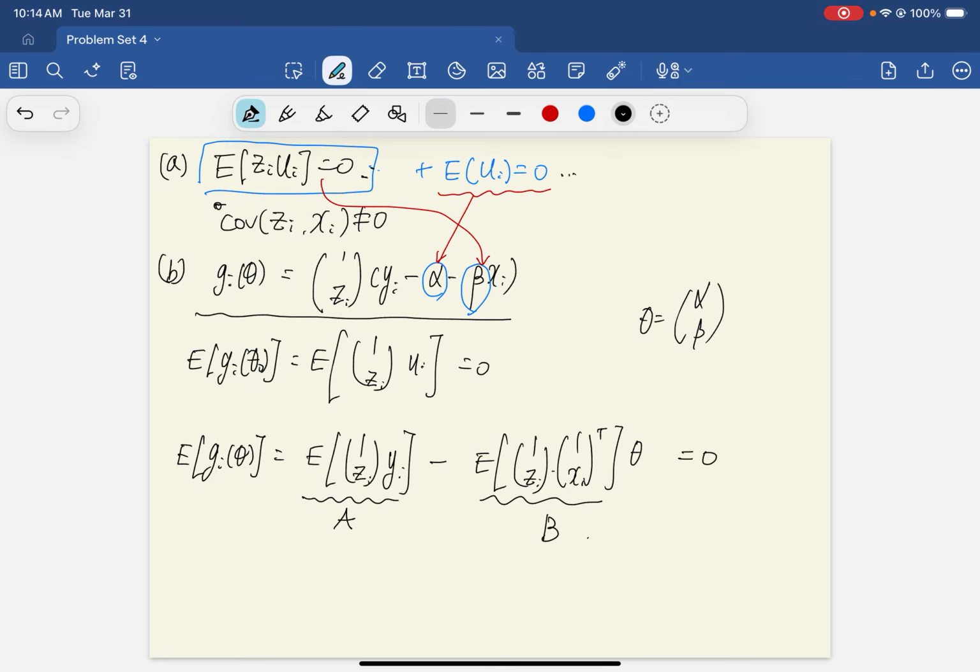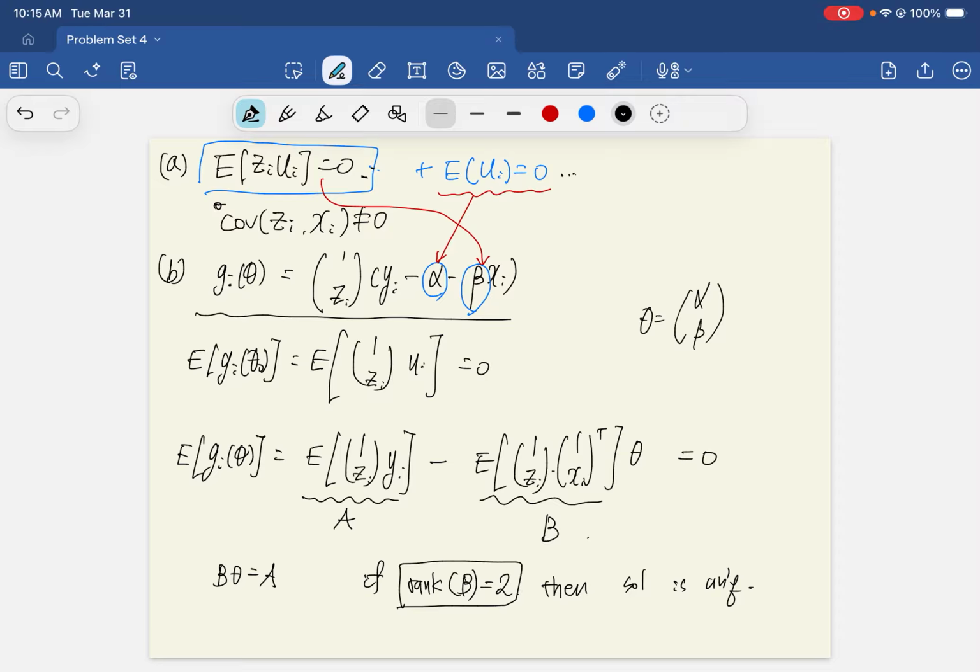So if you think about B theta equals A, and if the rank of B is 2, then the solution is unique. We proved it in the previous chapter. So we are going to assume the rank equals 2. That's the full rank assumption implied by the relevance assumption.